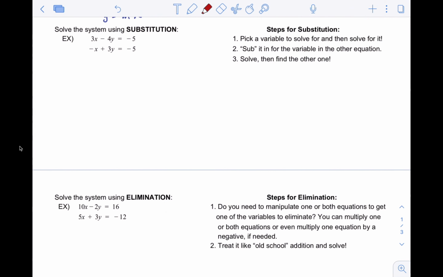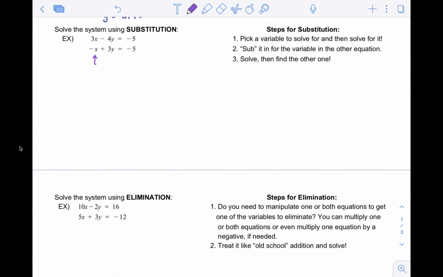Let's do it. Step 1, pick a variable to solve for, and then solve for it. This can be any of the 4 variables you see. So when you look at this, pick what's easiest. When I look at the top equation, 3x minus 4y equals negative 5, and the bottom equation, negative x plus 3y equals negative 5, one variable in particular looks a little bit easier, in my opinion, to get by itself. And in my opinion, that is that x.